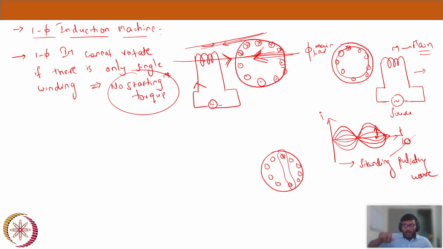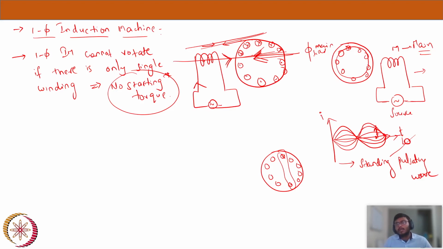I used a prime mover and gave a clockwise external force to my rotor. To our surprise, we will see that my motor will start picking up speed. If you just give a small external force and leave it, I can observe that my single phase induction motor actually picks up speed and settles to some steady state rotor speed NR.